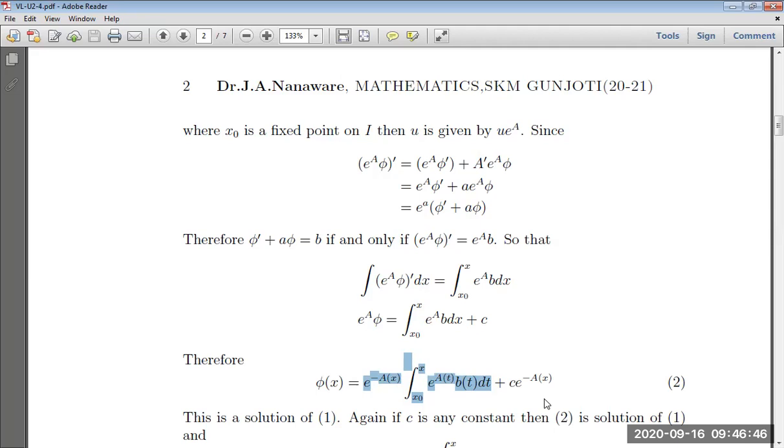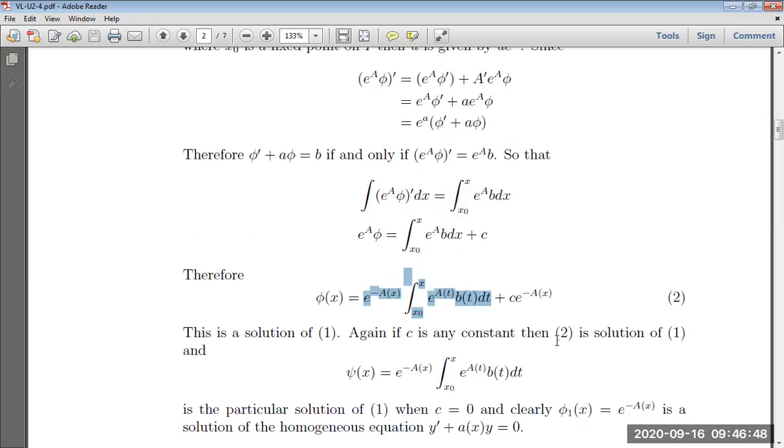So if c is any constant, then the solution of 2 is a solution of equation 1. So by assuming that this first term is psi of x, we call this solution a particular solution of differential equation 1. Hence, this constant is 0, and this phi 1 is a solution of the homogeneous differential equation.